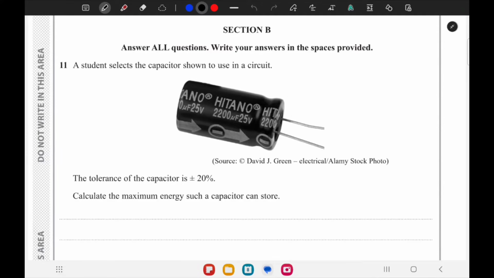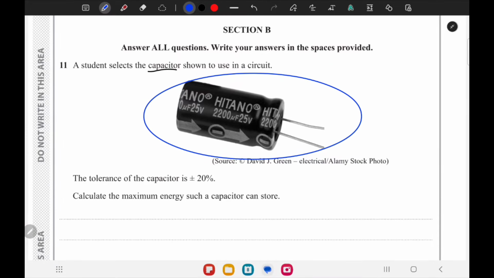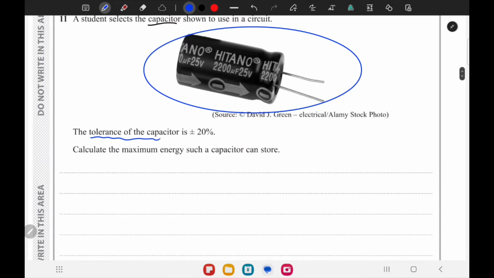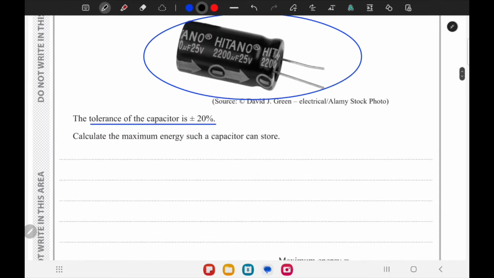In question 11, we are given a capacitor over here. We are given that the tolerance of this capacitor is plus or minus 20%, and we have to calculate the maximum energy that this capacitor can store. In the diagram, we are given that it has a capacitance of 2200 microfarads and a working voltage of 25 volts.